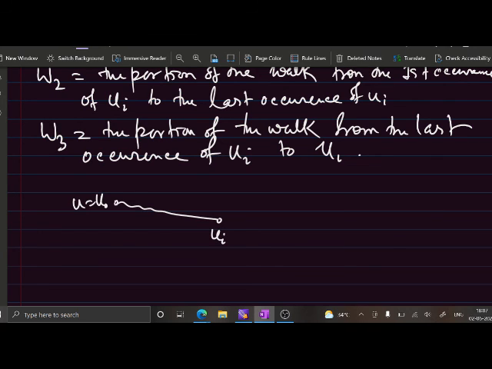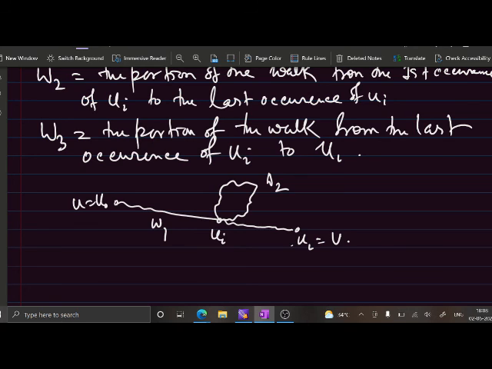This is the portion W1, and then I would like to make a loop here. This is your W2, because through this walk you start from Ui and come back to Ui again, because Ui is the repeated vertex, and then it runs up to UL, that is V, right.